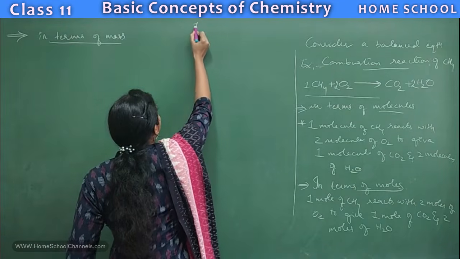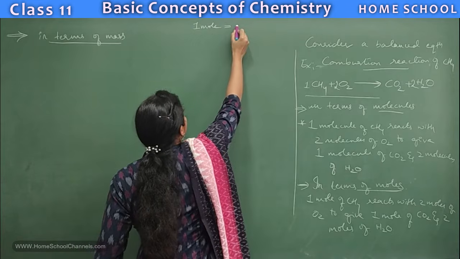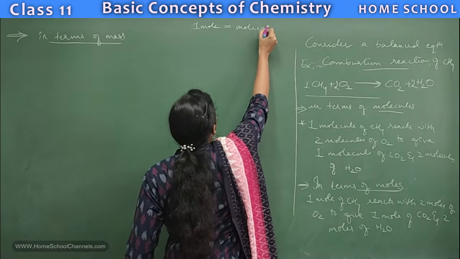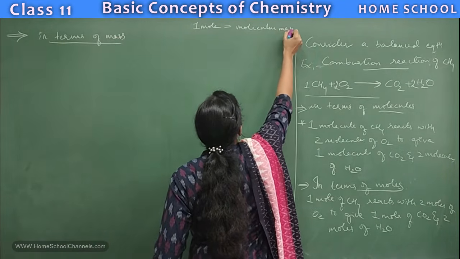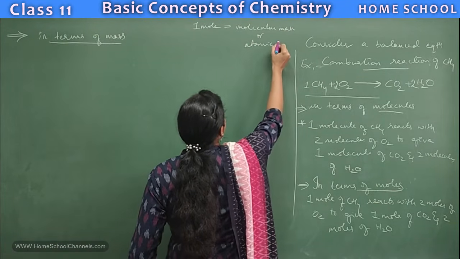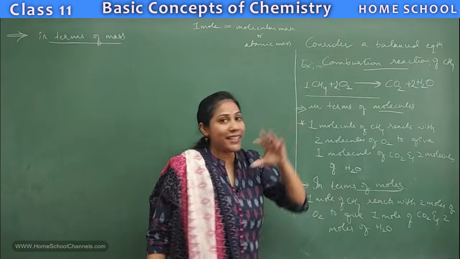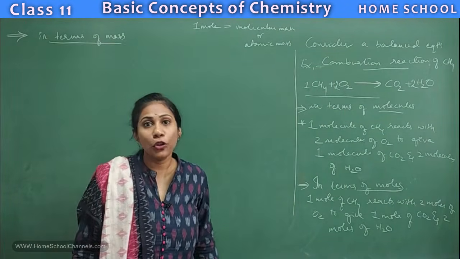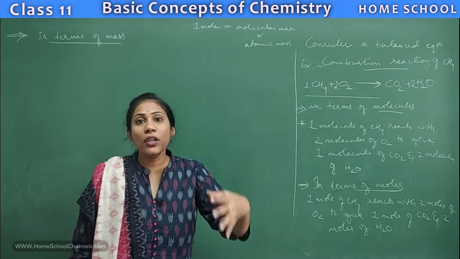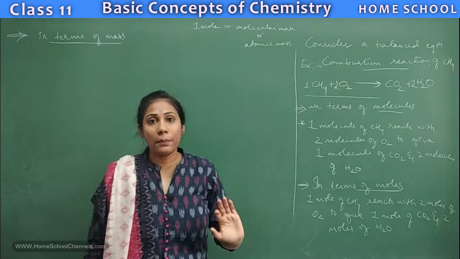We all know that 1 mole is equal to molecular mass or atomic mass. Say if I say 1 mole of O2 gas, it is 16 grams of O2, isn't it? So 1 mole is always equal to its molecular mass or atomic mass.